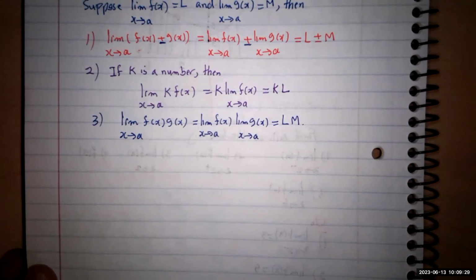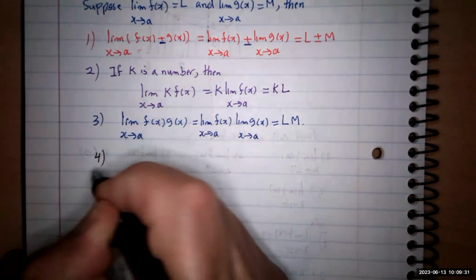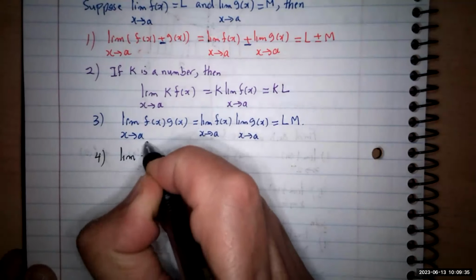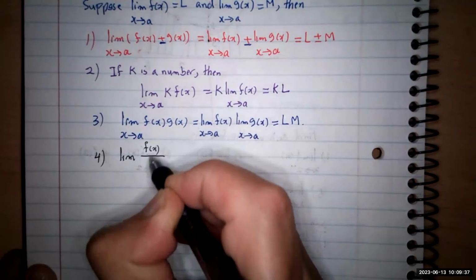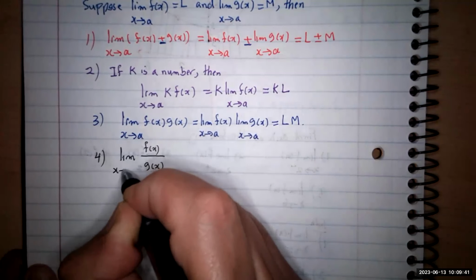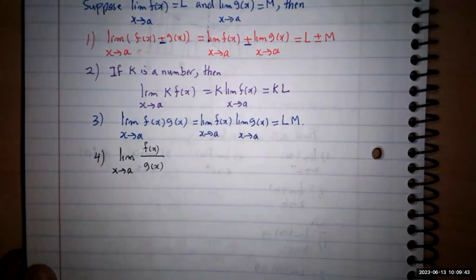Division. Number 4, the limit of a quotient. f of x on the top, g of x on the bottom, x goes to a. Okay, if you want to find the limit of a fraction, a quotient, you go up and down.